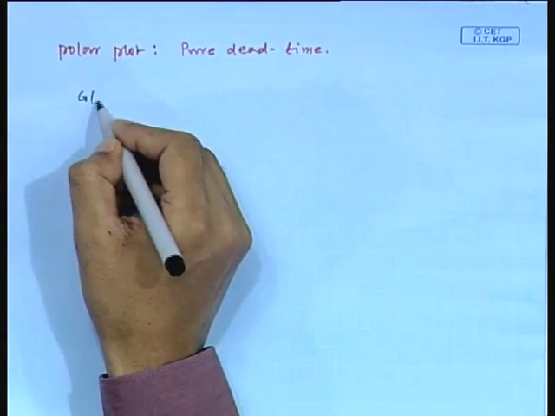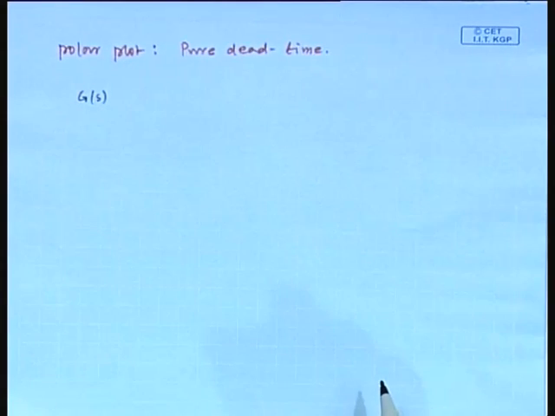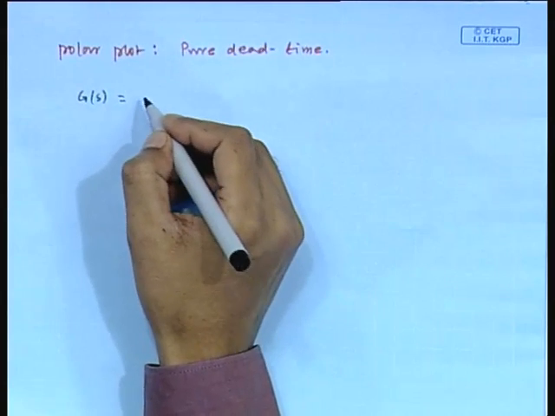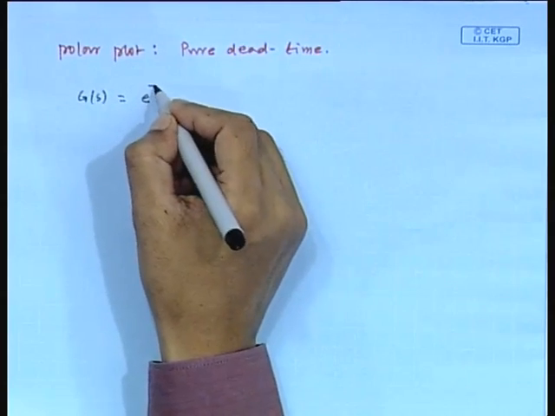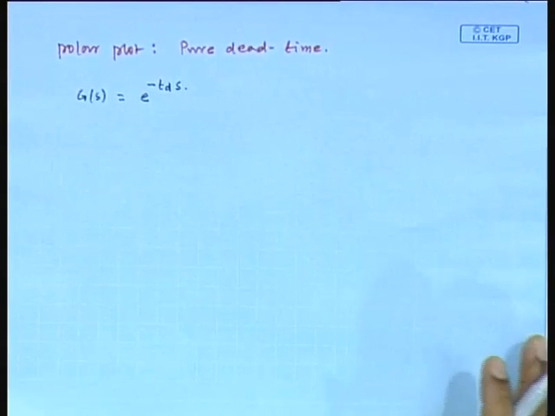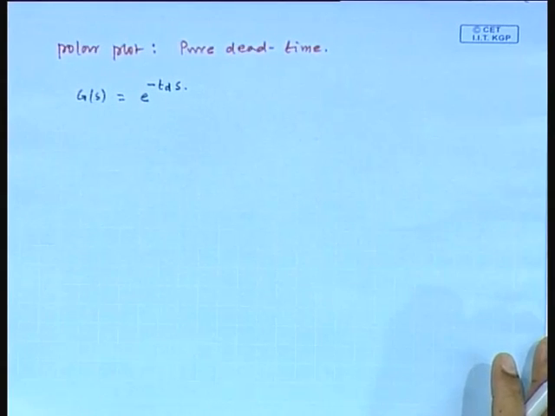The transfer function of this element, pure dead time element, we can write as exponential minus TDS. This is the transfer function of the pure time delay system.